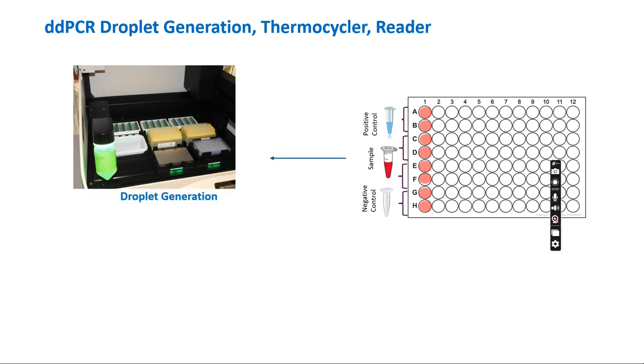And you'll transfer these plates into your automated droplet generator after sealing it. So you see that the sealed one is the plate you just prepared, and you have to add a new plate where the droplets will be collected.